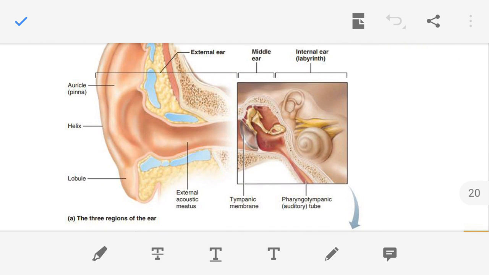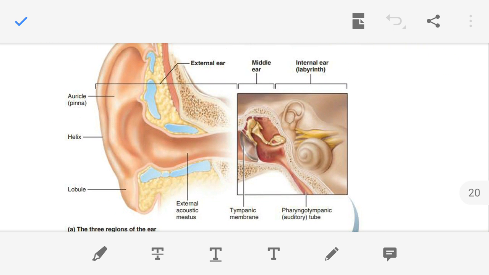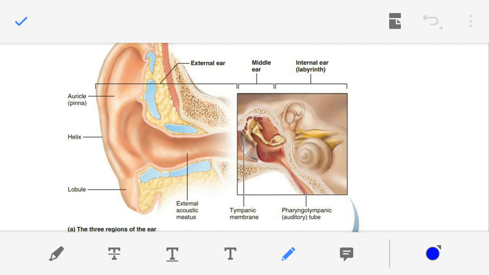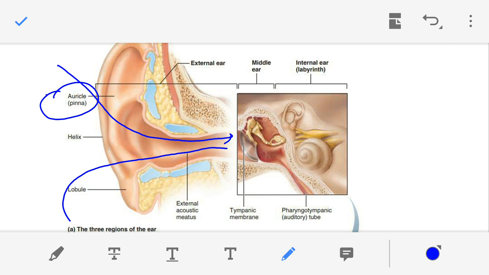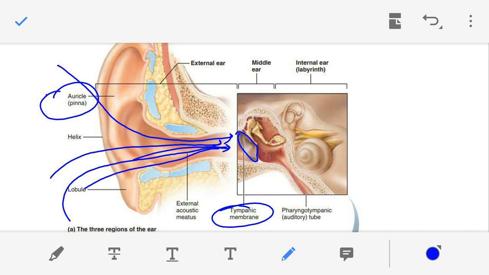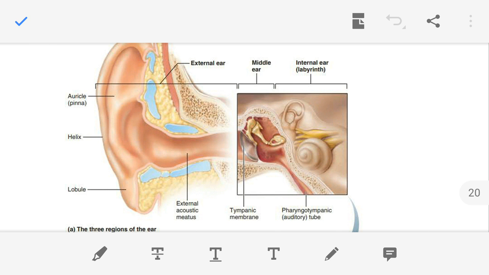So what happens whenever we hear a sound? This is the auricle or pinna, and we know this auricle or pinna is channelizing all the sound waves, directing all the sound waves to the tympanic membrane. When the sound wave strikes the tympanic membrane, the tympanic membrane starts vibrating.